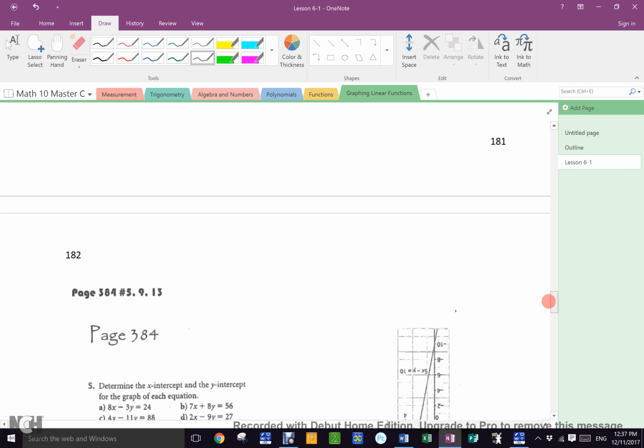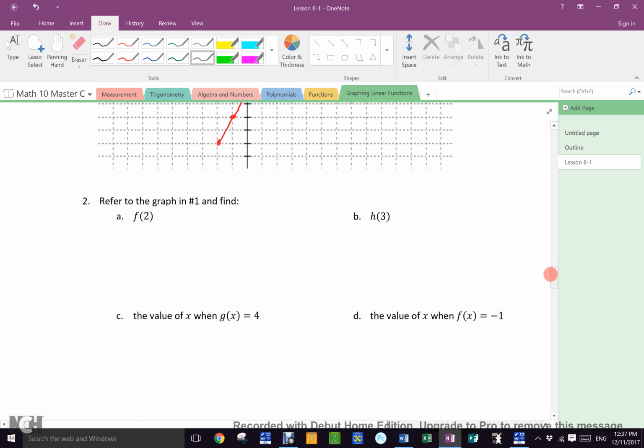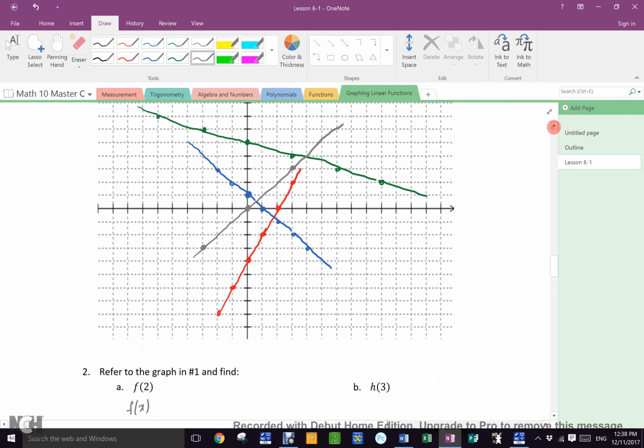This is where we're practicing from last unit. F of 2. How should that be written if I don't tell you what to look for? F of x, right? Which means, which line am I looking at?